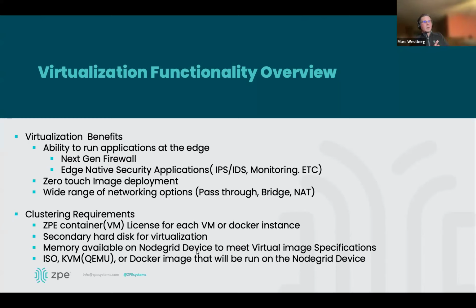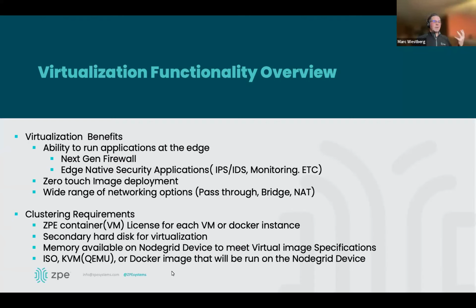And then the memory available on the Nodegrid device needs to meet whatever the virtual image specifications are. In most cases, there are upgrades available for Nodegrid devices, both in hard drives and in memory. So we can address any of those issues.